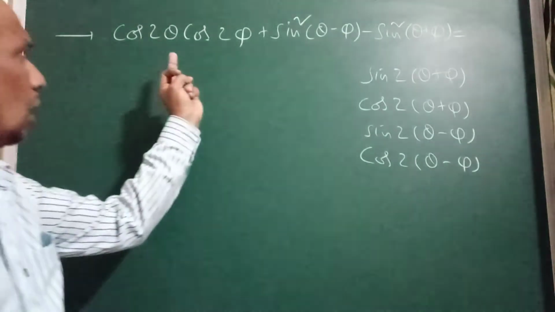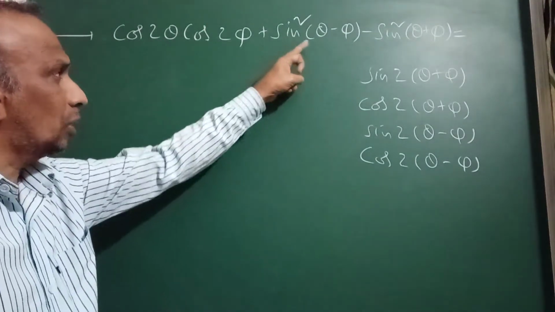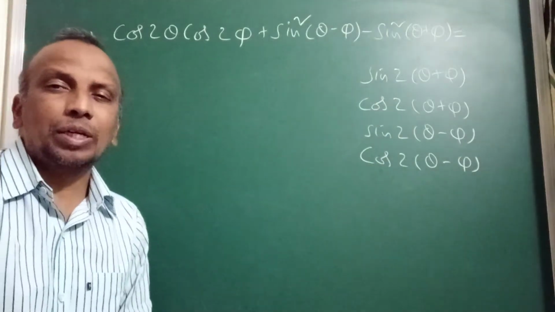Now you can see cos 2 theta cos 2 phi, sin square of theta minus phi minus sin square of theta plus phi.